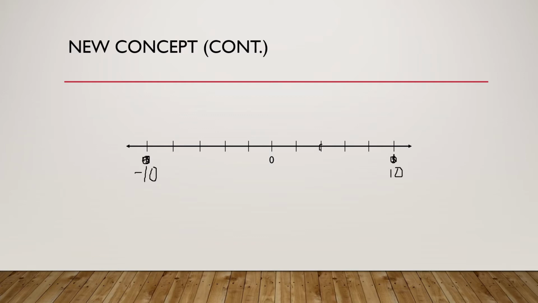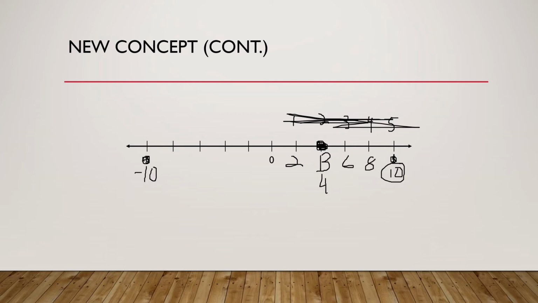And then if they put a dot here and they said, what number is shown by point B, now you have to figure out what you're counting by, because this could not be 1, 2, 3, 4, 5. It can't be that because this is 10 already. We already know that. So we can't be counting by ones. This one would be counting by twos. So this would be 2, 4, 6, 8, 10. So B would be 4. So you have to pay attention to what your number line is counting by.